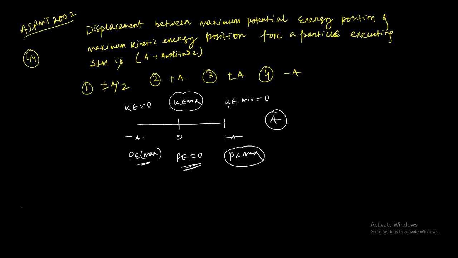And this side also it is possible. Maximum potential energy is here, and maximum kinetic energy here. This will be your minus a displacement. So the answer will be plus minus a. Got it? So option number 3 will be correct. So this side it will be possible, and this side also it will be possible.